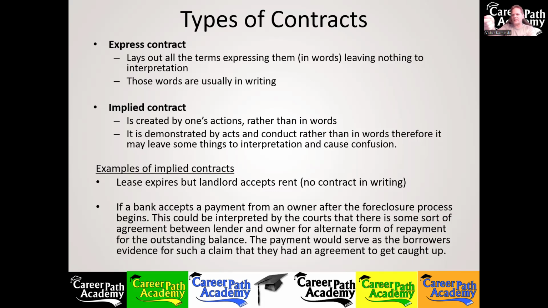The actions of the landlord accepting that rental check says that, in the eyes of the law, the landlord is okay with the tenant remaining as a month-to-month tenant now.